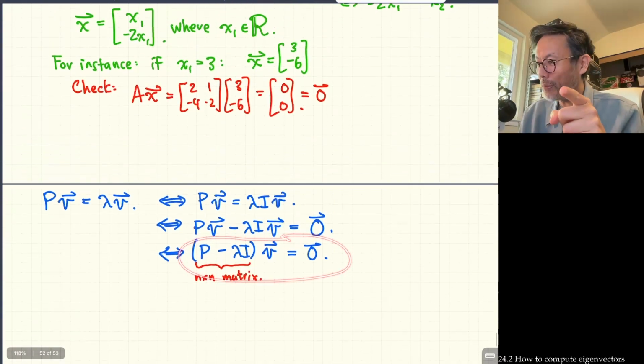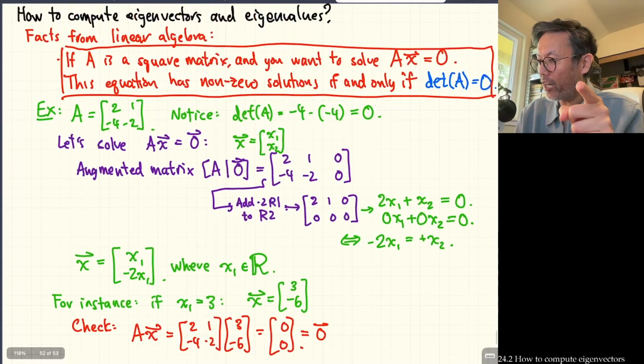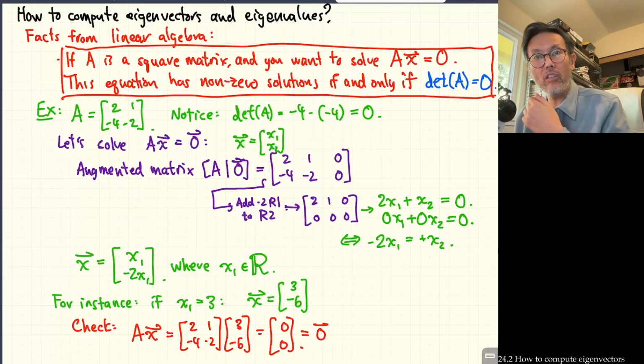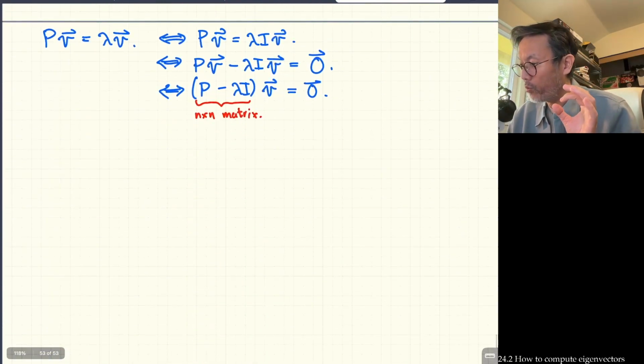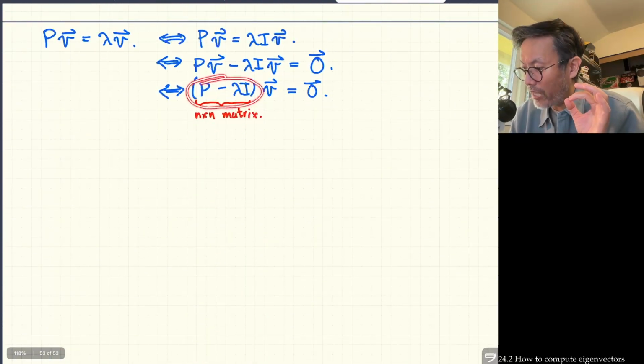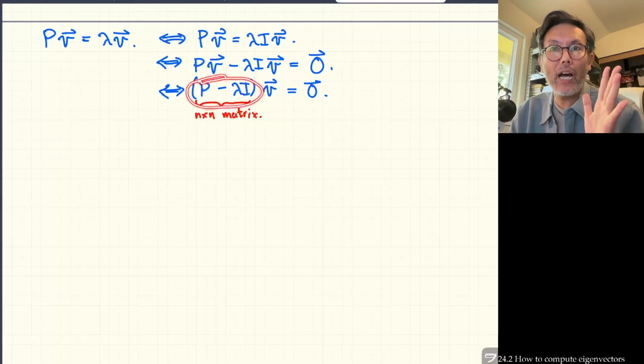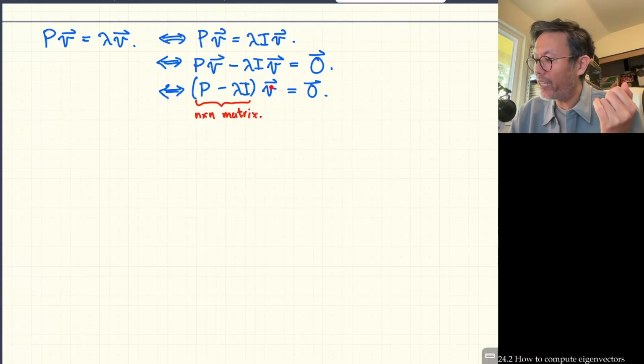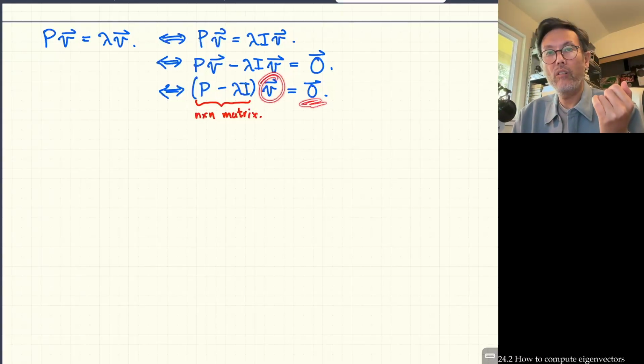Now this should ping the idea that we talked about here. If you have a square matrix and you want to solve AX equals 0, and look, we have a square matrix. I didn't call it A, it's called P minus lambda I. And we want to solve not AX equal to 0, but P minus lambda I times V equals 0.